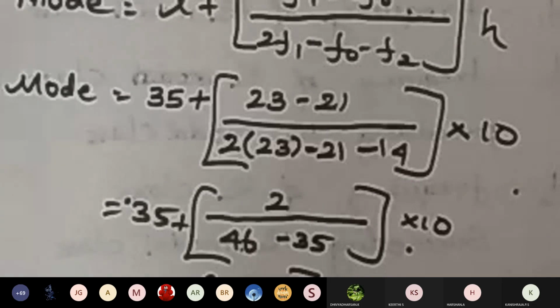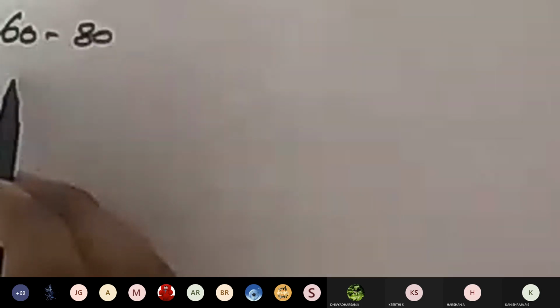I'll be sharing it in the chat box. Before that, the second problem. What is given? Class intervals 0 to 20, 20 to 40, 40 to 60, 60 to 80, 80 to 100, 100 to 120.